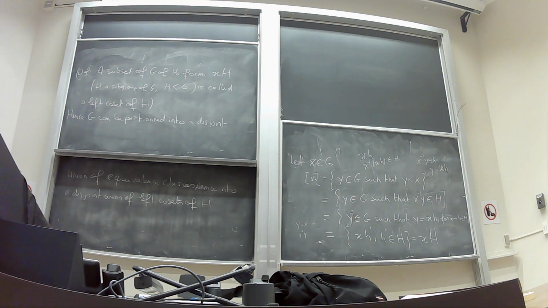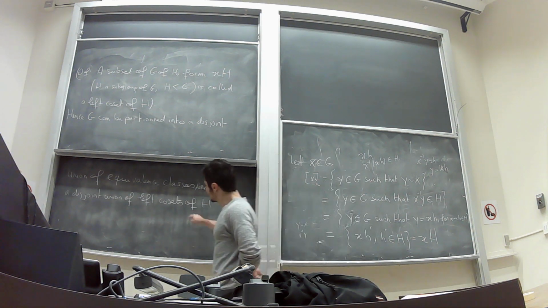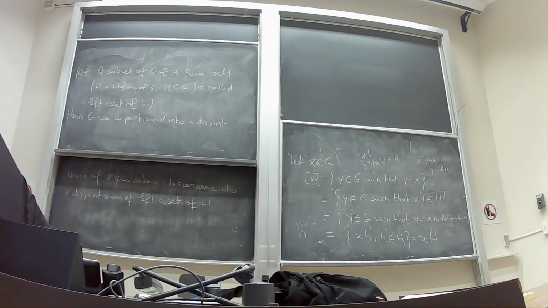Any question? Is it clear? So if I have an equivalence relation, the left cosets are the equivalence classes. So I can partition my group G into a disjoint union of equivalence classes. Agree or not? Any question on that? No, we're good? Great. Yes?